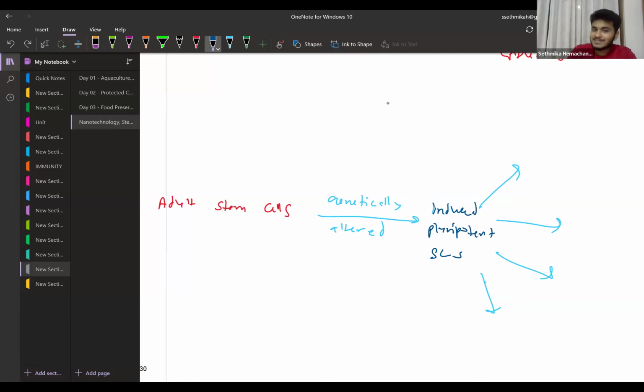So in the adult stem cells, this pluripotent nature is induced, right? The pluripotent nature is induced in these adult stem cells. Okay, so that's what you call induced pluripotent stem cells, right? Then you can produce different cell types from these induced pluripotent stem cells.